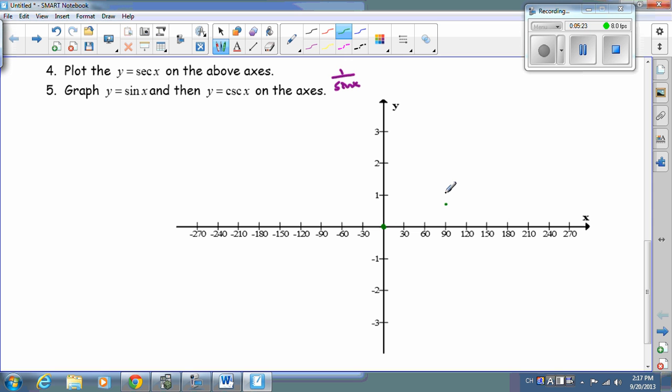Sine of 90 is 1, and then 180 is 0, 270 is -1. Negative 90 is at -1, 180 should be at the origin, 270 should be at 1. I'll go ahead and graph this, and it will look like this.